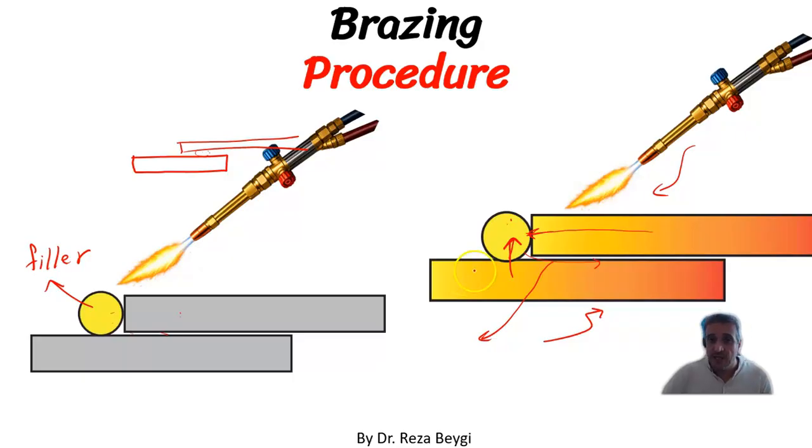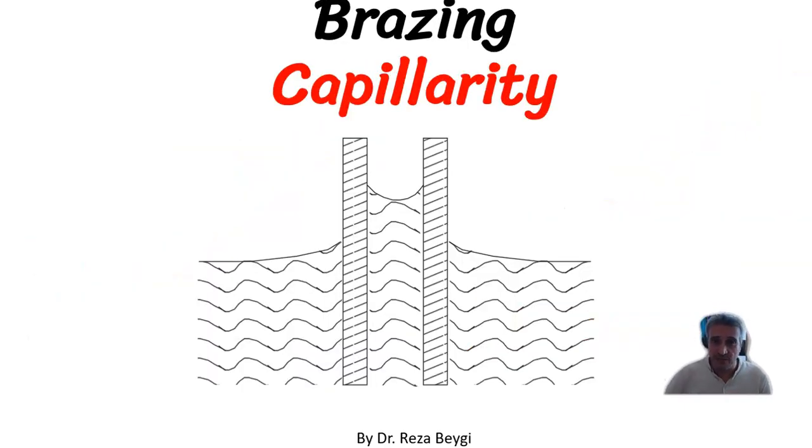The other thing is that we may use some fluxes during the process, because this flux dissolves the oxide layer on the surfaces of the materials and also prevents further oxidation. This oxidation inhibits the metallurgical bonding in this process, because this process relies on bonding between the surface of the materials and the filler material. So the surface preparation is very important.